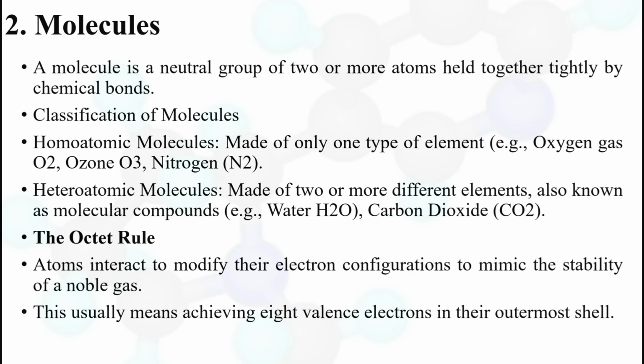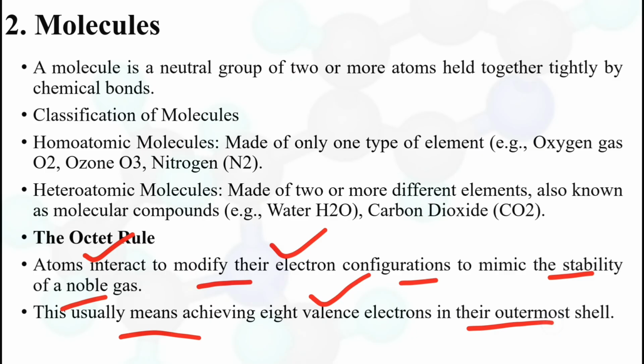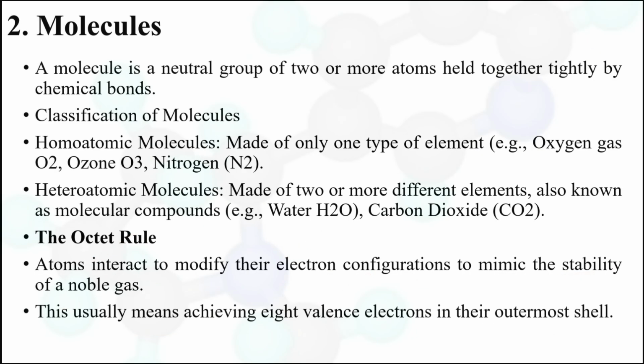Then the octet rule: atoms interact to modify their electron configuration to mimic the stability of a noble gas. This usually means achieving 8 valence electrons in their outermost shell. Okay. So what is a noble gas?